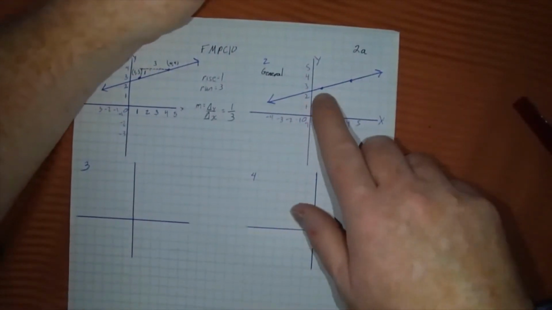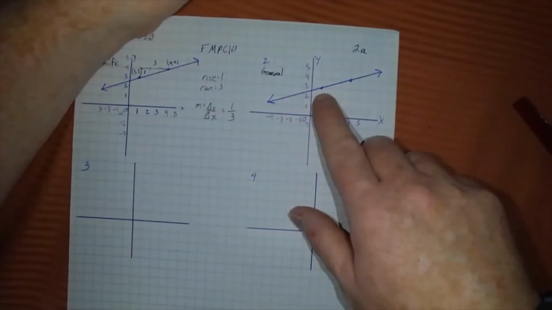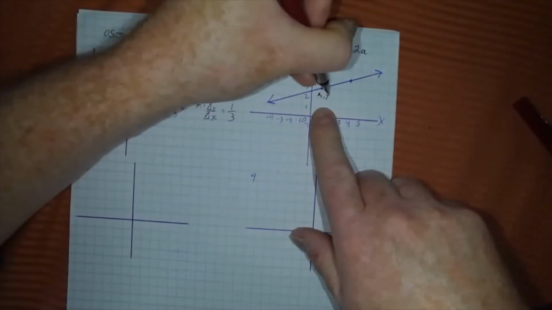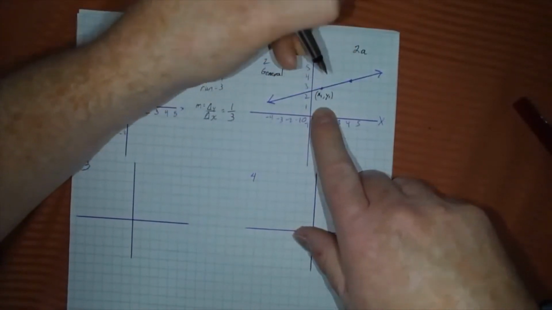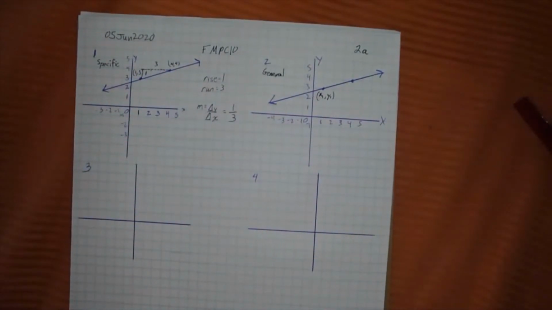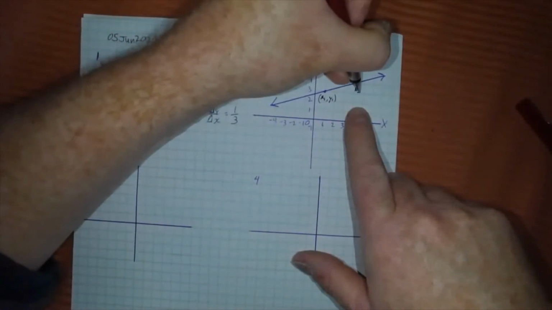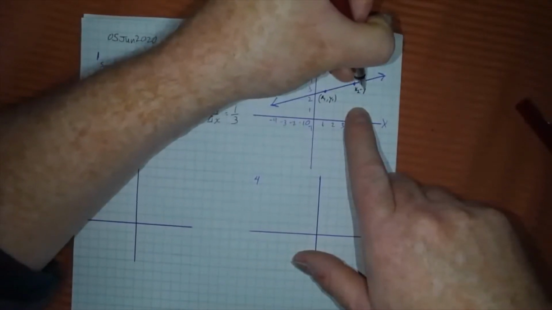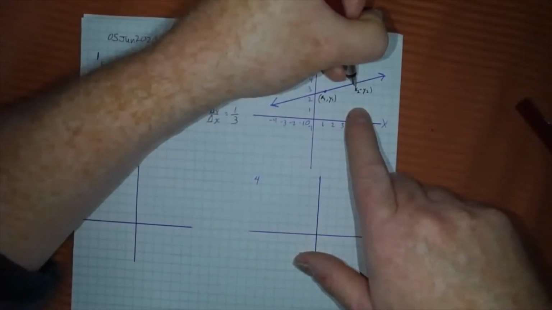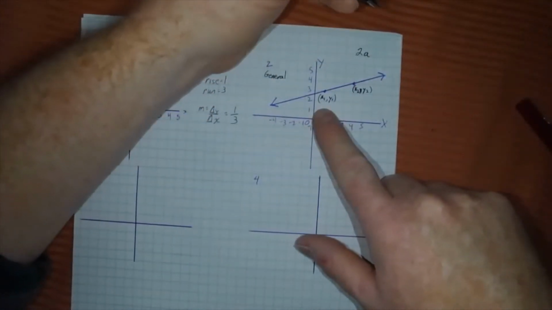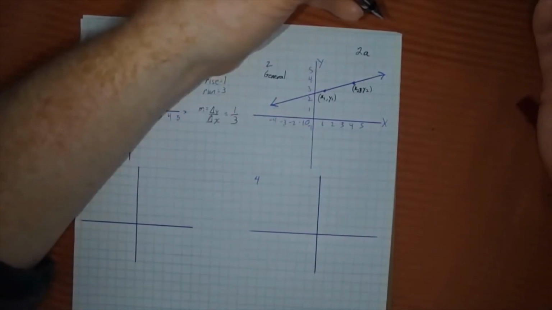Okay, let's say I call this point x1, y1. It can be any number. And up here is our second point, x2, comma y2. x2, y2, and x1, y1.